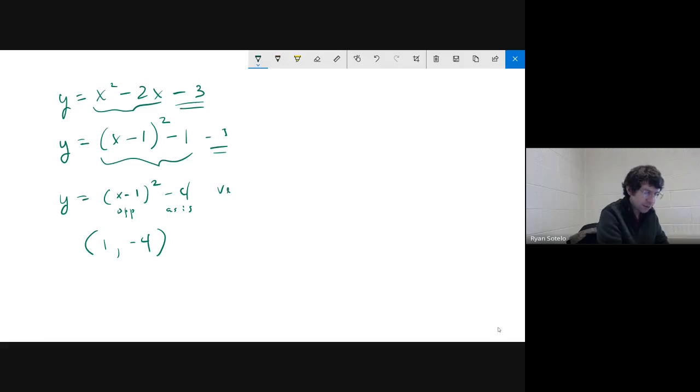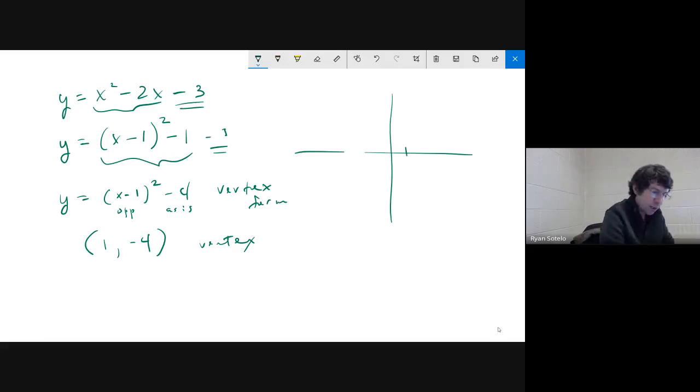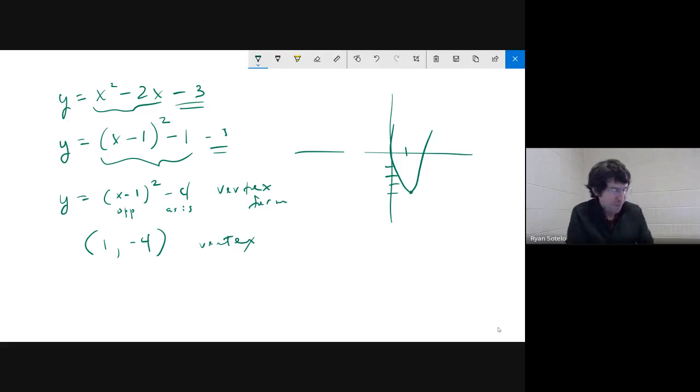This is vertex form. This is the vertex. So if I had my parabola graphed, it would be at 1, -4. So it's a sloppy drawing.